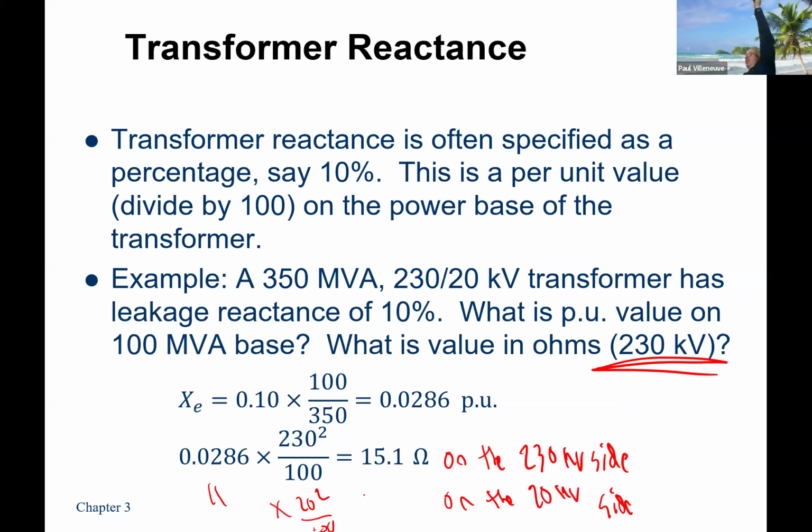And again, that number is going to look a lot lower, because at 20,000 volts, it should look like a lower impedance than at 230.